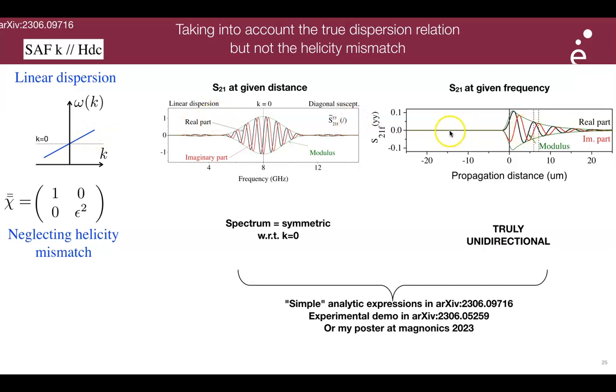So if you place your receiving antenna on the left, you expect no signal, while if you place your antenna on the right, you expect a strong spin wave signal. So this is a situation where the transfer of energy by the spin wave packets is truly unidirectional. And you can describe that analytically and make an experimental demonstration.